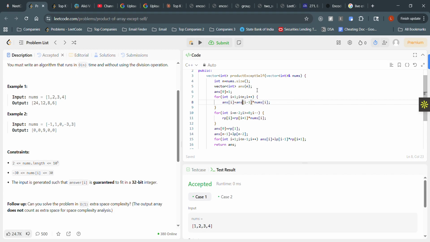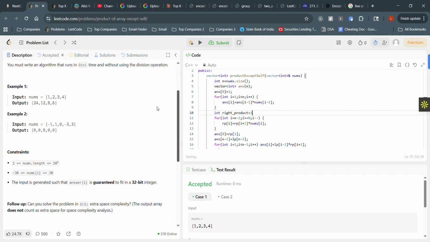Answer of n minus 1 times n minus 1. So what this basically means is my answer of I currently just has my left product. And now I need a variable for right product. So let's name it right product. I will initialize it with 1.